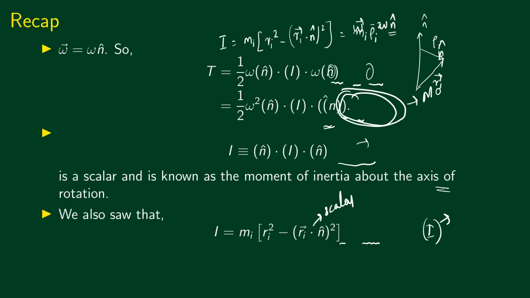This is a second rank tensor, and simply I stands for the scalar quantity, which is the moment of inertia about the axis of rotation. And how did we get this moment of inertia about the axis of rotation? We contracted the moment of inertia tensor from the left and from the right using the unit vector along the axis of rotation.